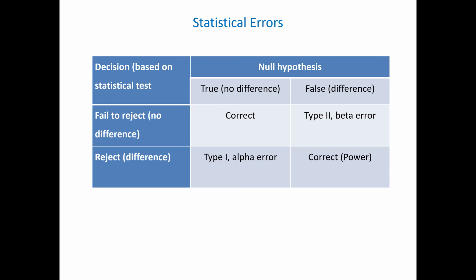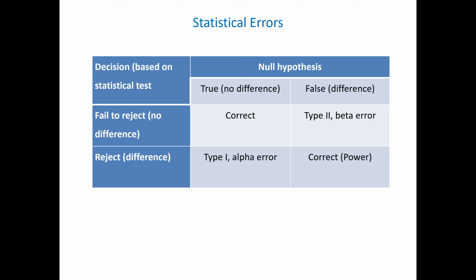You are correct. That is the power of the study. The power of the study is the ability of the study to find the difference if it is there. Can you see now? That is it, the power of the study.